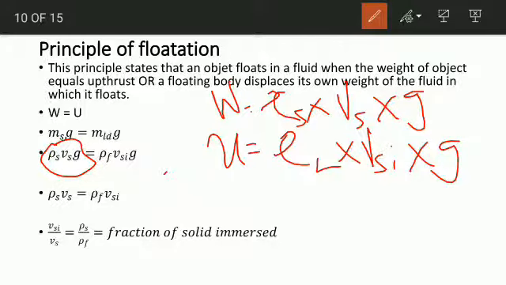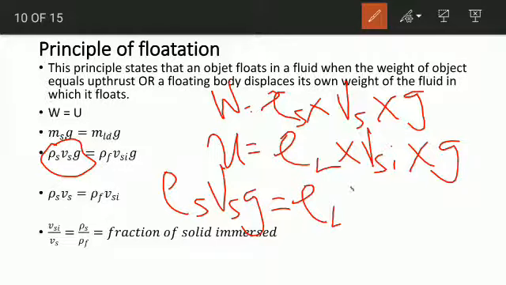So if the weight is equal to the upthrust, then we can say that the density of solid times volume of solid times acceleration due to gravity is equal to the density of liquid or fluid times volume of solid immersed times acceleration due to gravity. So here we can see that g cancels. That gives us a formula.